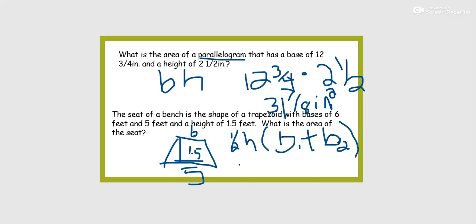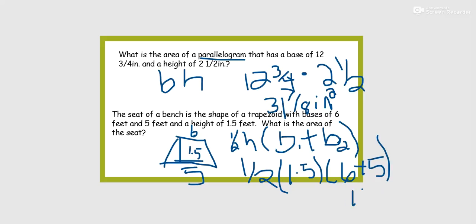So when we do this, we will do 1/2 times 1.5 times 6 plus 5. 6 plus 5 is 11. We can change our 1/2 to a decimal, since we're working with decimals with our other one. And we can do 0.5 and times that by 1.5.